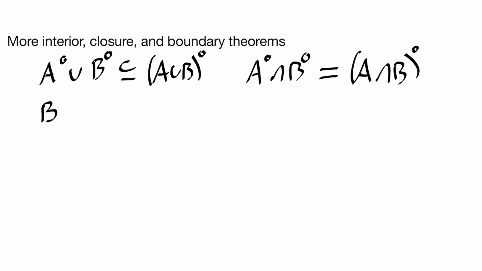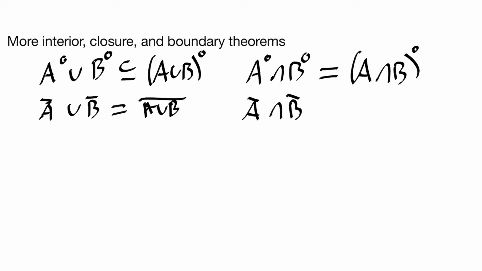Okay. Similarly, the closure is going to work the exact opposite of this. A closure union B closure. Oh, that was supposed to be an A. A closure union B closure equals (A union B) closure, but A closure intersect B closure contains (A intersect B) closure.